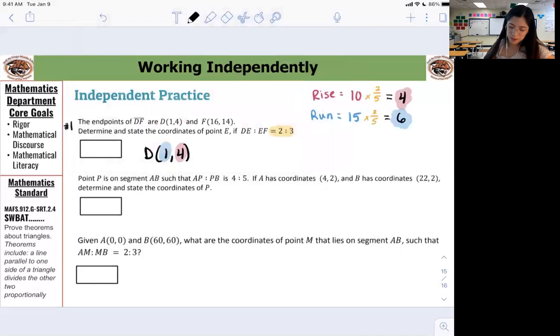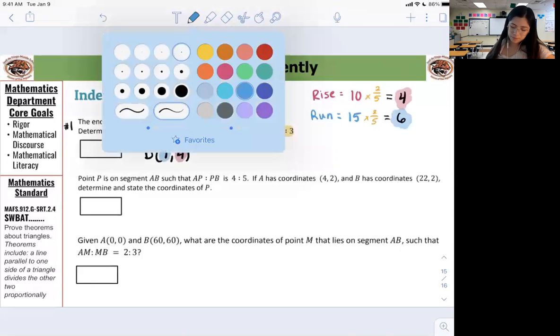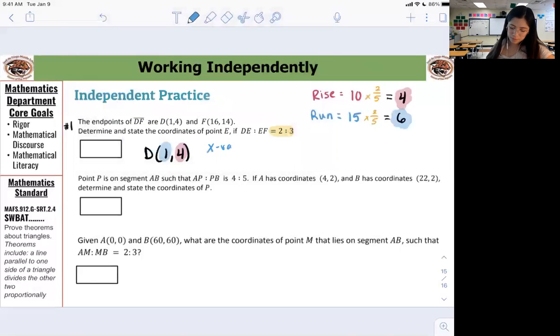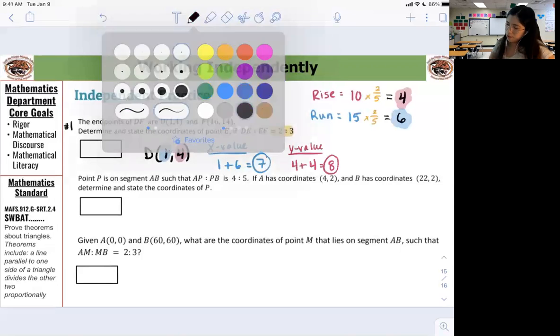So I have to do 1 plus 6. So that gives me 7. And then for the Y value, we do 4 plus 4. So I get 8. So my final coordinate point is 7, 8.